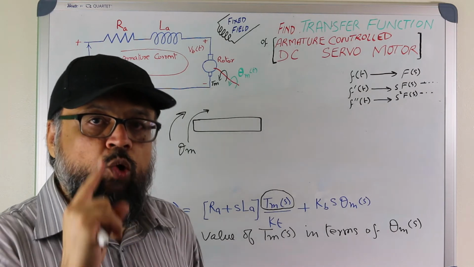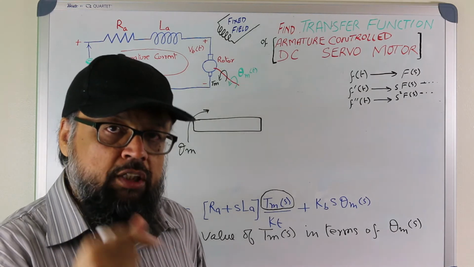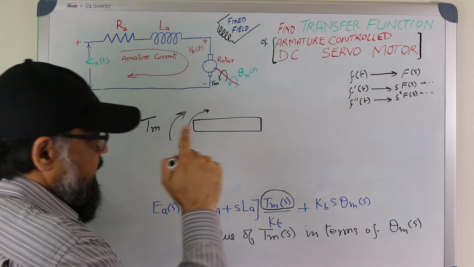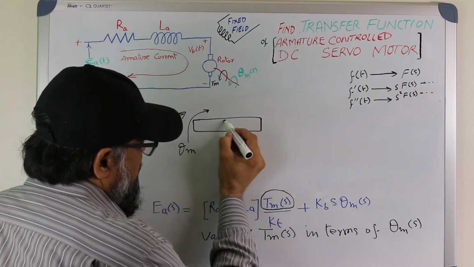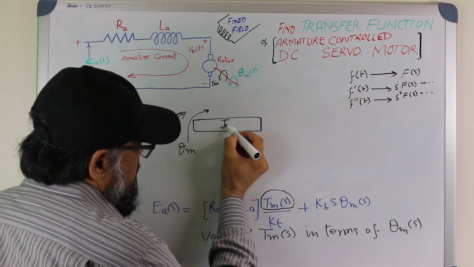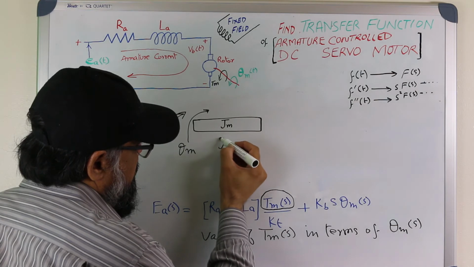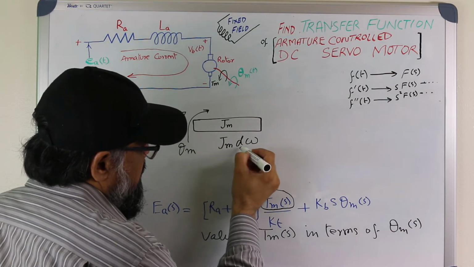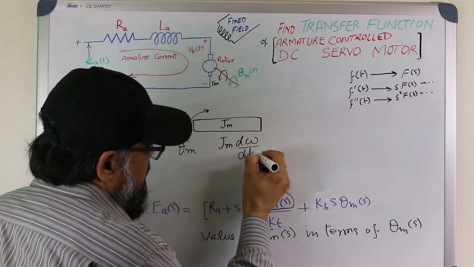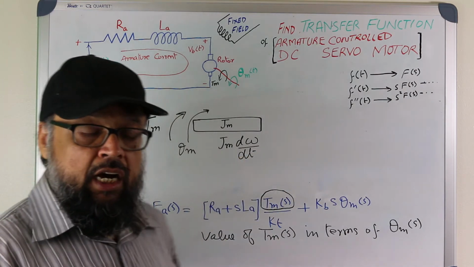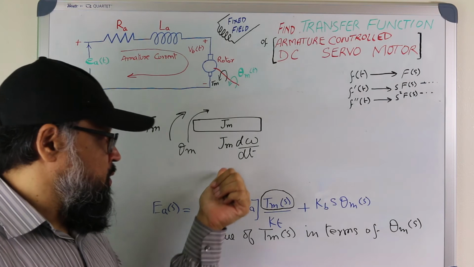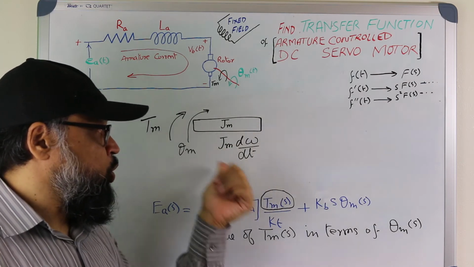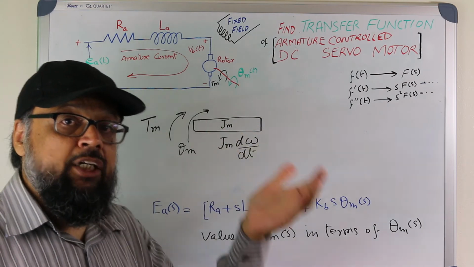One is to overcome the inertia, and that inertia is Jm multiplied by the rate of change of omega. So this is the first part which torque has to do, to overcome the inertia.